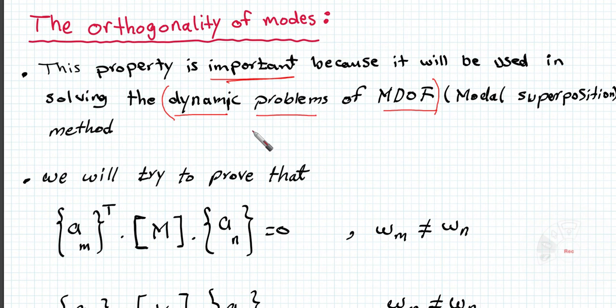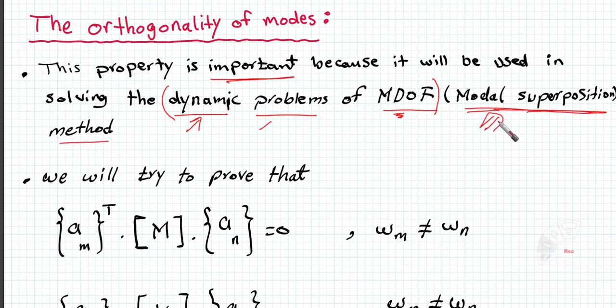The main idea is it would help us in dynamic problem solving for the multi-degree of freedom system when we are going to use a specific procedure called the modal superposition method. Modal superposition method.